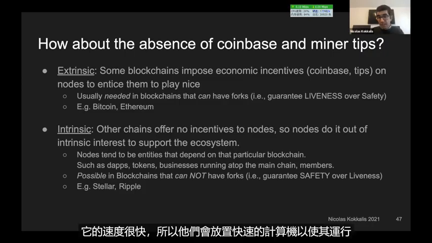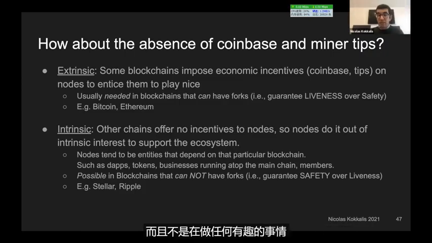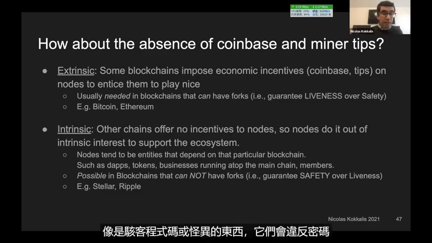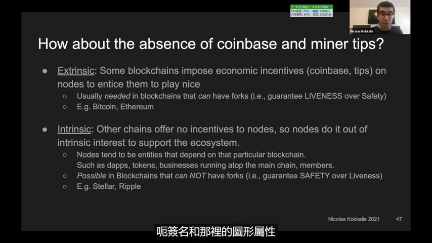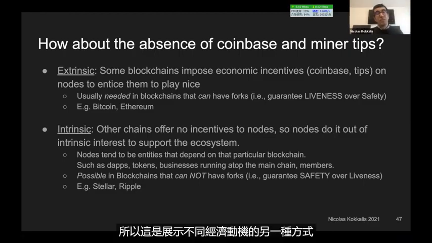It's fast, so they would be putting fast computers to make it run, and it is not doing any funny business, like hacked code or weird things that would be violating the cryptographic signatures and the cryptographic properties. So that is another way of showing different kinds of economic motivations that people can have and still play roles as nodes, with intrinsic or with extrinsic motivations.